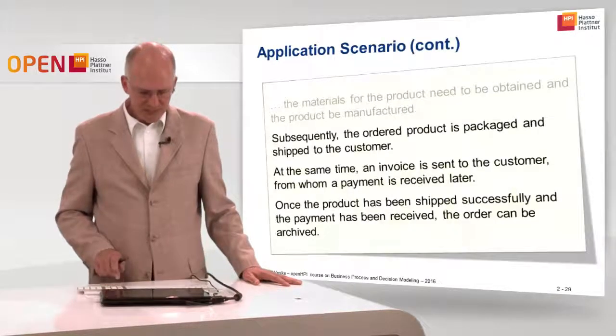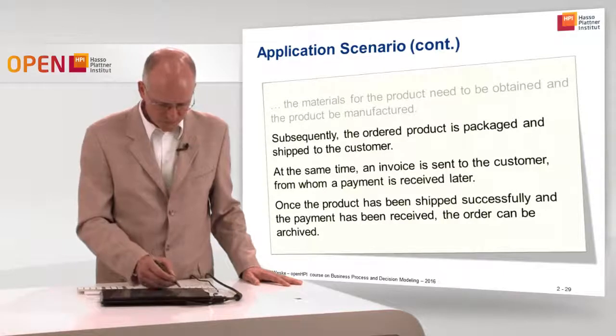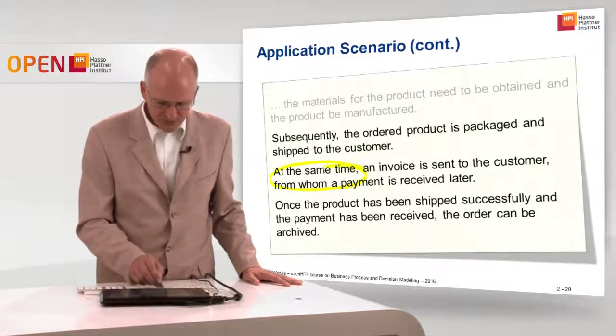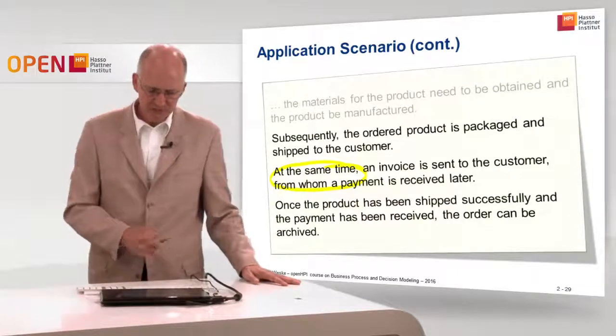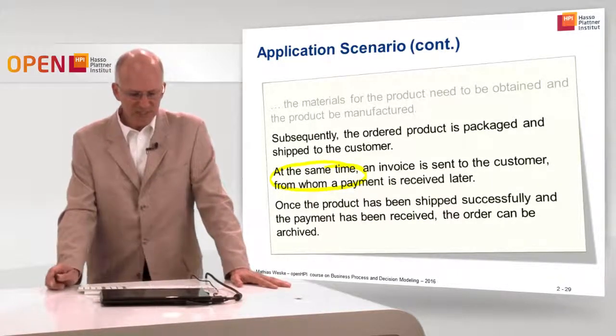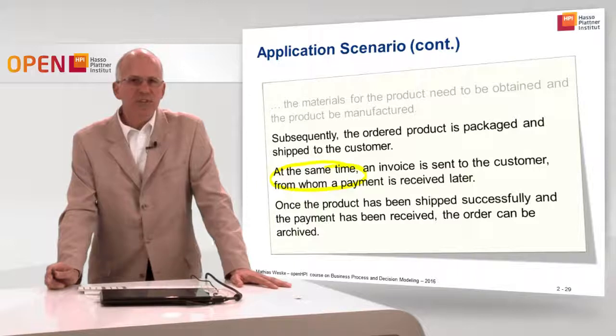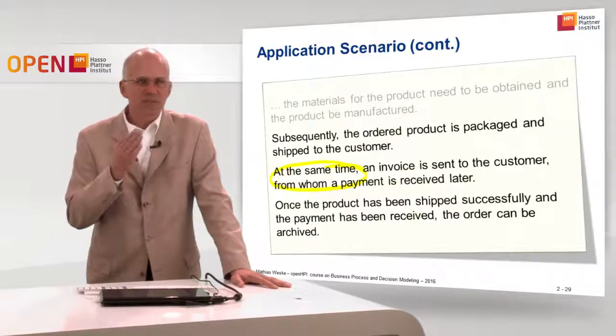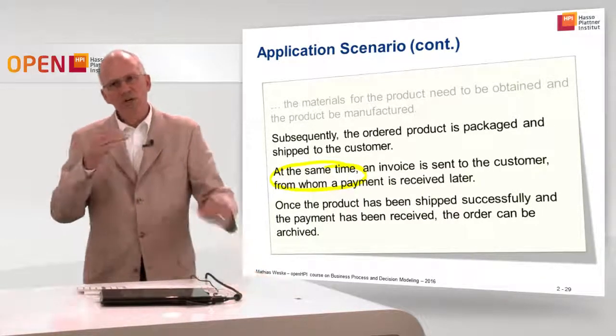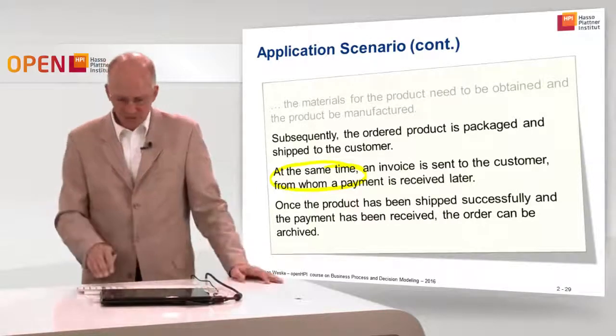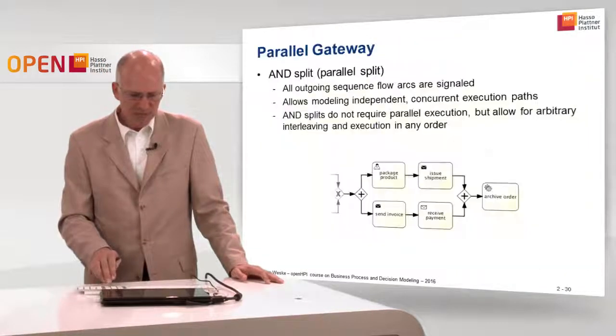So here we see that there is, at the same time, an invoice sent to the customer. Here we have the possibility, or it's not specified exactly in which order, but it can be at the same time. So it can be concurrent to the other activity.